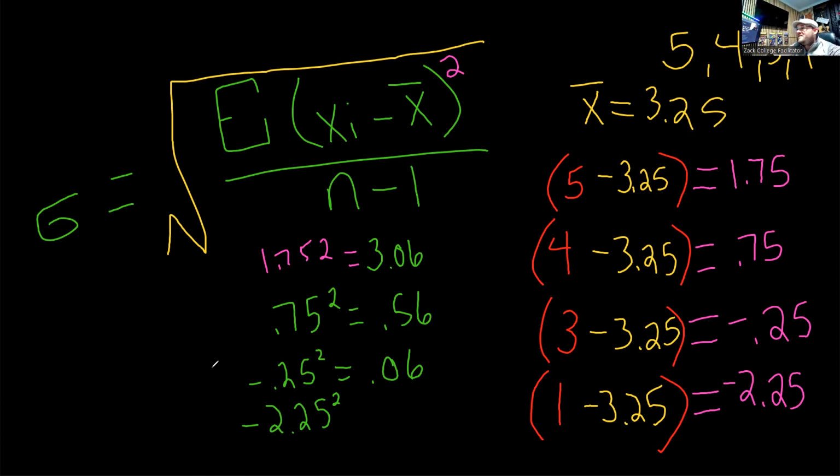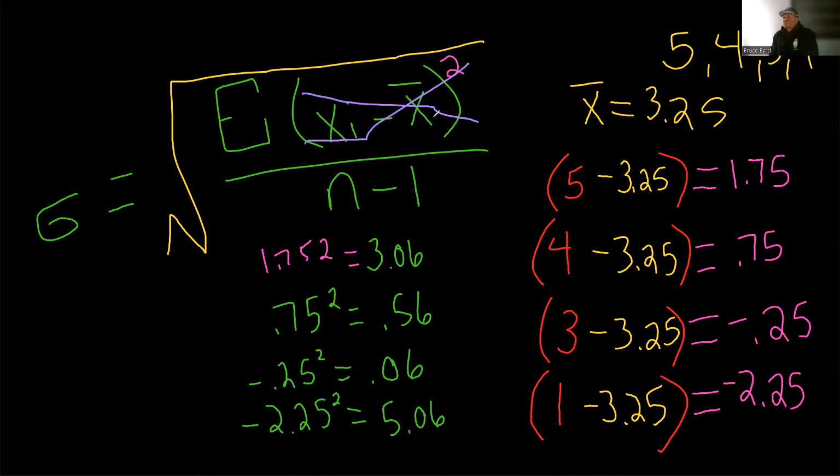Negative 2.25 squared equals what? 5.06, right? So what we've done essentially at this point is erased this formula right here. If you guys can make sure you're muted too, appreciate it. All right.